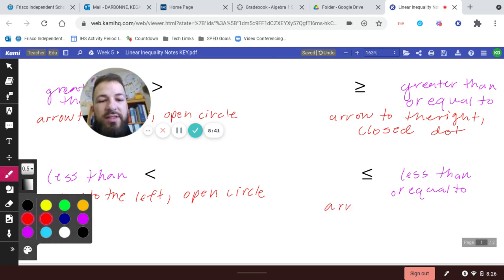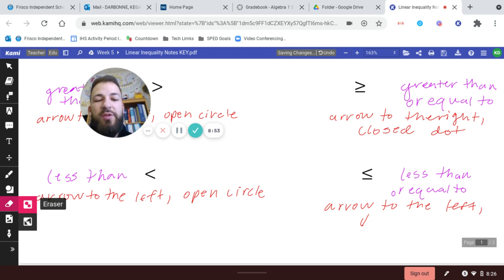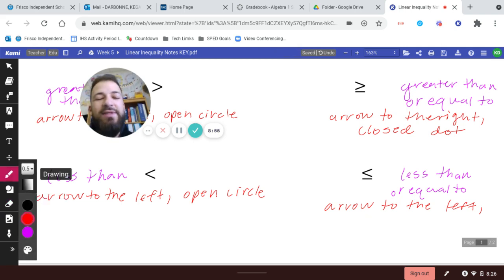Which means still arrow to the left, because it's still less than. But closed dot instead, because that equals to. I'm going to try to write that again. Closed dot.